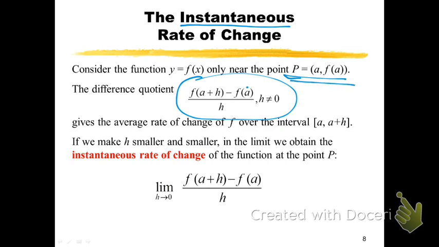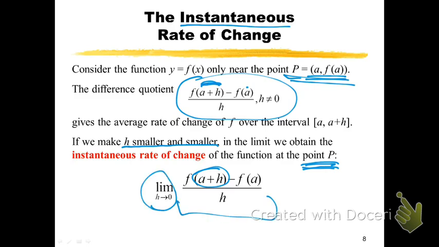Our goal is, if I make h smaller and smaller, so this a and h are getting closer and closer together, then the difference between a and h is so small that we're really finding out what's happening at this instant. At this instant, this point is the point (a, f of a). So what do we do now? We want to take the limit of this difference quotient. Taking the limit by letting that h get smaller and smaller is telling us what is happening at x equal to a.